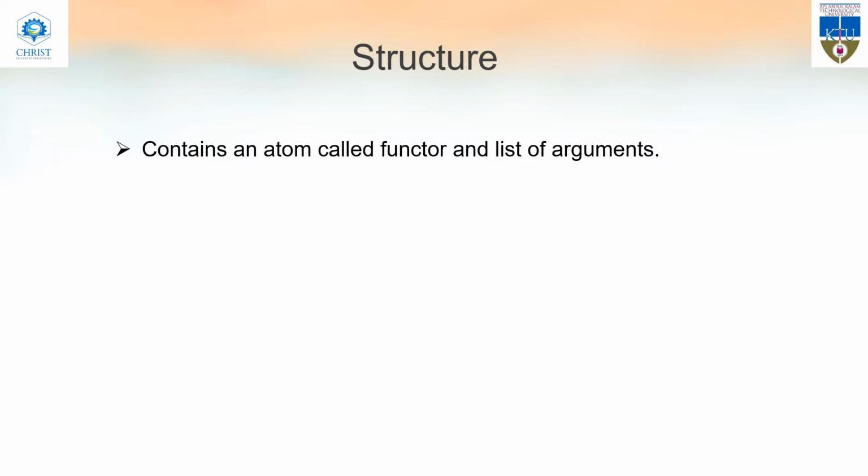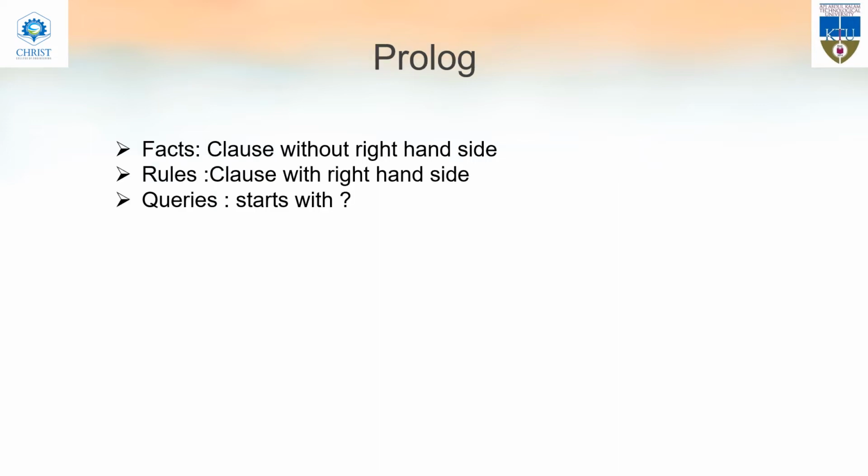I'll be explaining all this using an example, so no need to worry. Prolog consists of three things. One is facts, the other one is rules, and the other one is queries. You have already learned some logic programming in DCS or something.